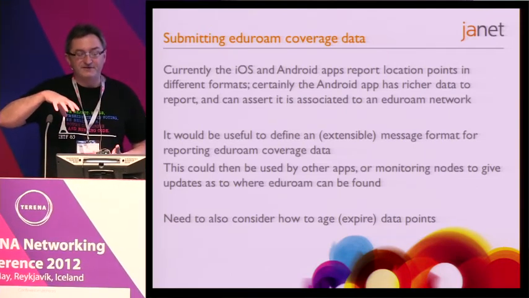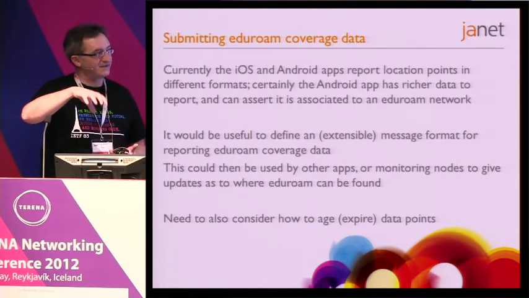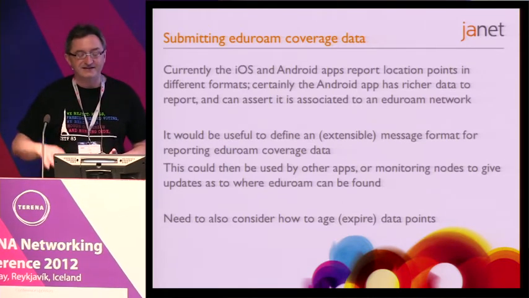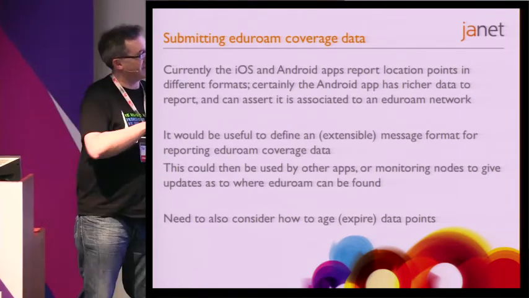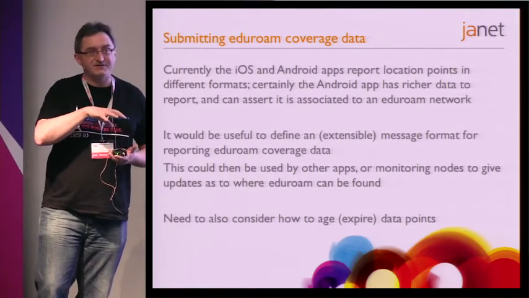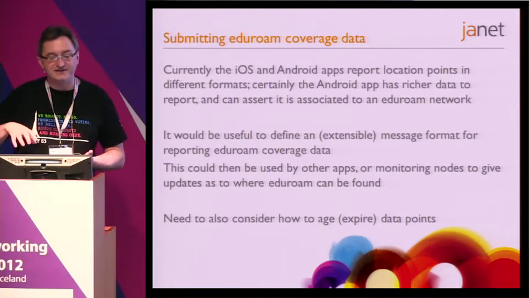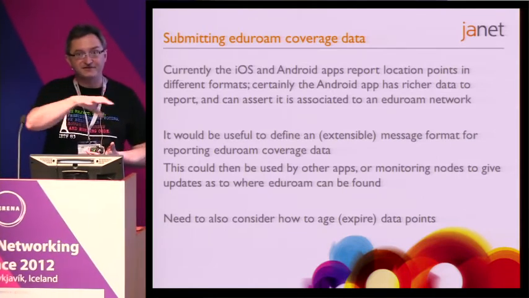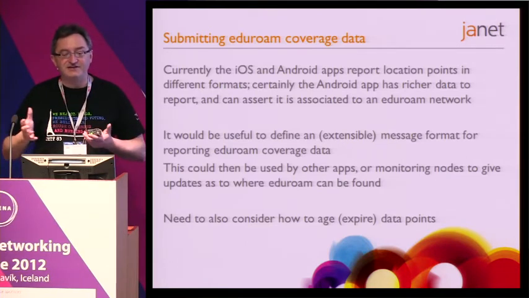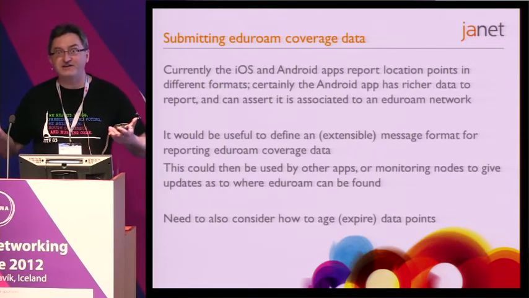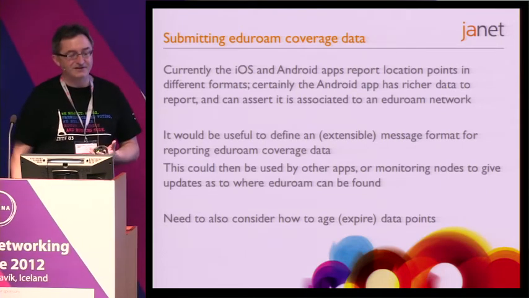I think what would be useful is if we could define some extensible message format for the reporting of these data points that are being collected, so that it can be sent to whatever the collection point is, and then allow that to also be used potentially for other applications as well, or monitoring nodes. There was an implication with the first talk of actually testing the infrastructure, so potentially you could use that message format for a monitoring infrastructure as well. It needn't be users out there, it could be monitoring points that you have around the network.